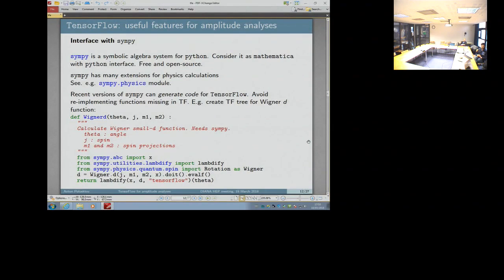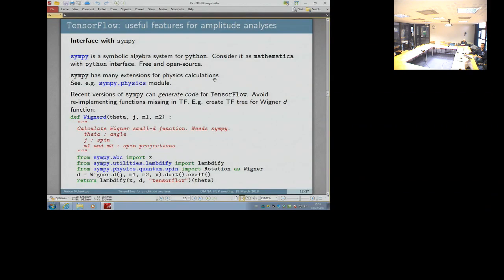Obviously, people doing machine learning don't care about, I don't know, spinors, Wigner-D functions, and things like that. So TensorFlow has an interface with SymPy. SymPy is a symbolic algebra system for Python, so it could be considered as a Mathematica with a Python interface. And in particular, it has extensions for physics calculations.